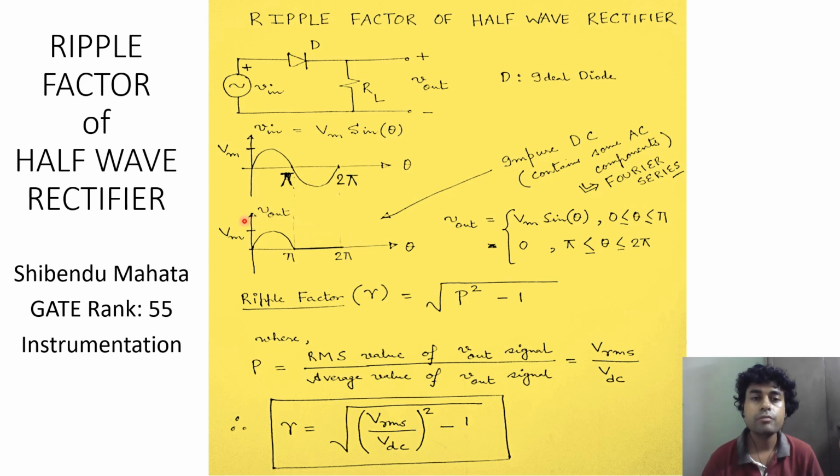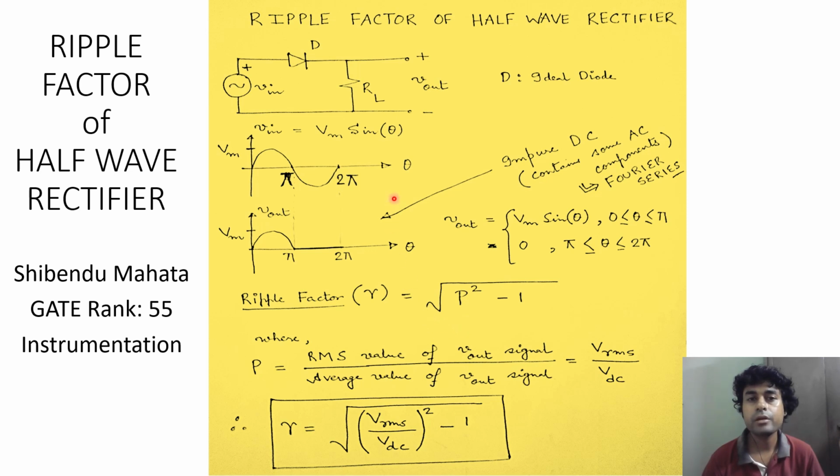So if we do the Fourier series of this particular waveform, we will find the DC component as also the sinusoidal components which are forming this waveform. And so it is imperative to know what is the amount of DC component and what is the amount of AC component, and then find the ratio of the two. So what is the amount of AC component relative to the amount of DC component?